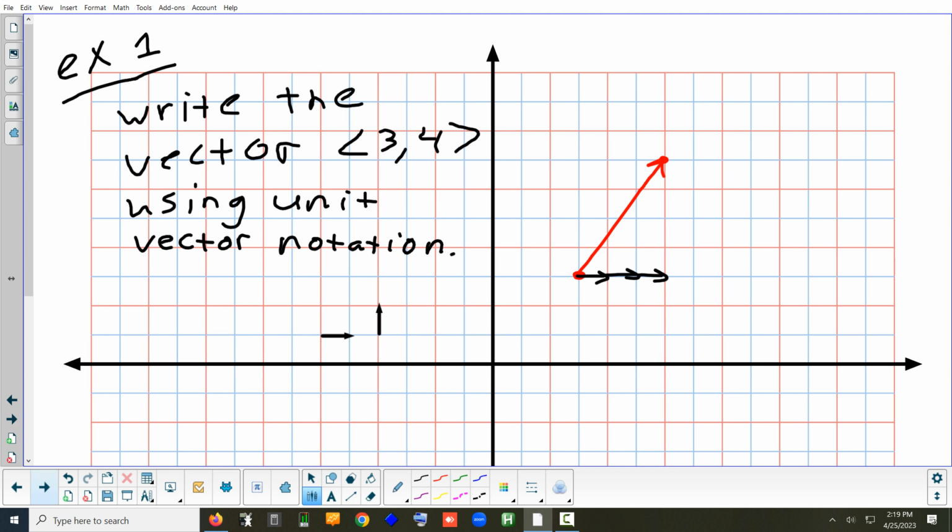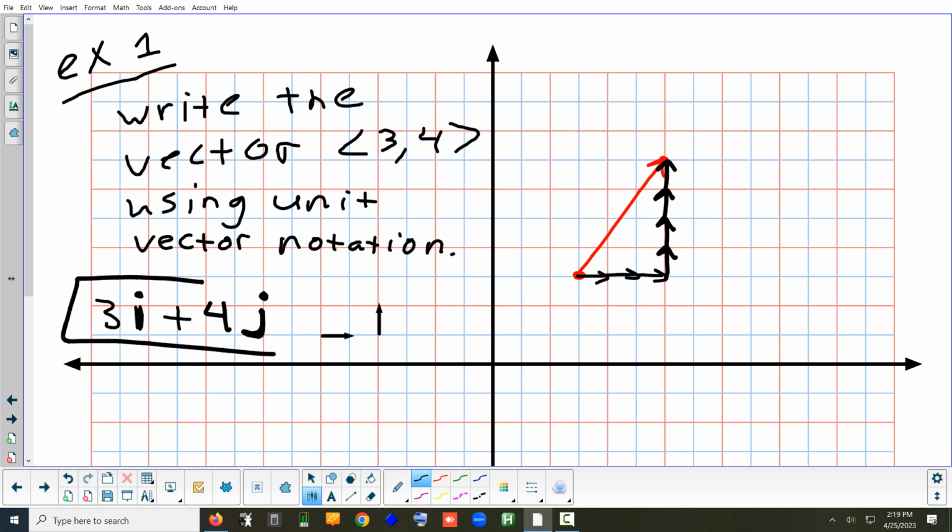So what do you think we would call this? 3i. So 3 of the i's, stack 3 of those together, plus, how many j's would I need to get up to the top? 4. Yep, I need 4 of them. So 1, 2, 3, 4. And what do you think we call that thing? 4j.